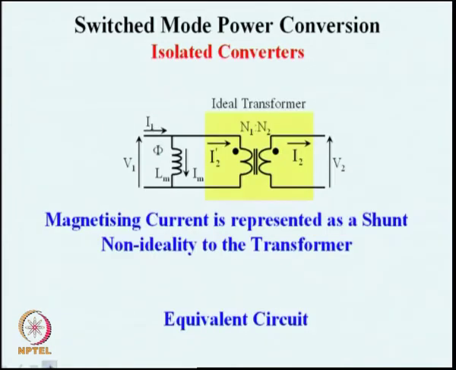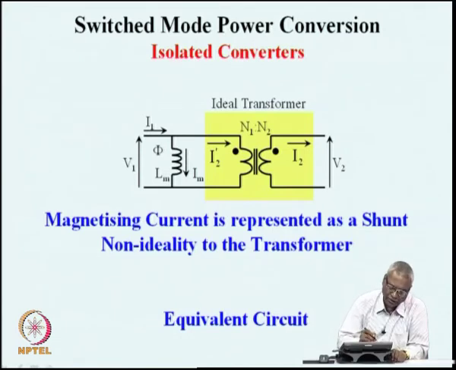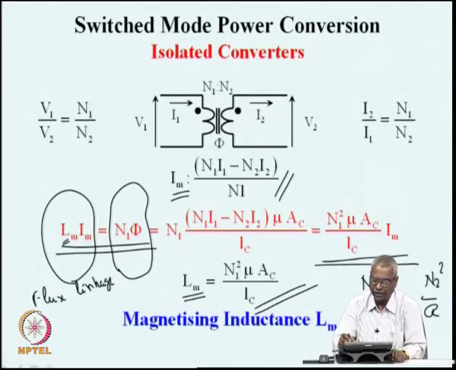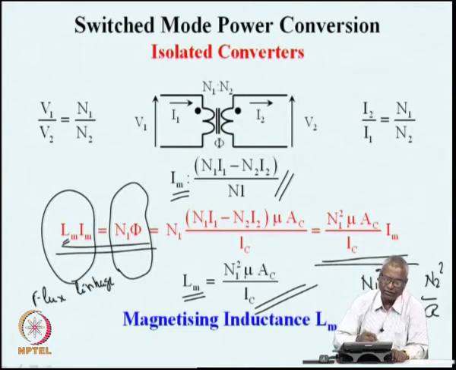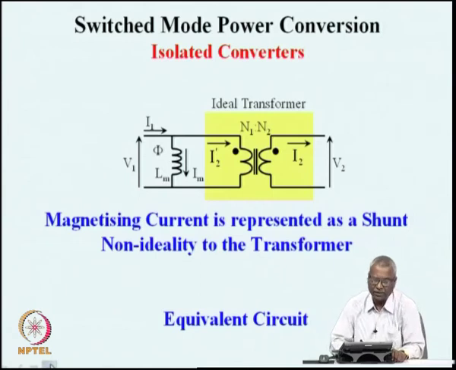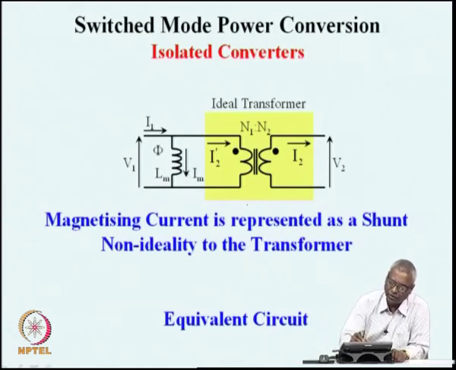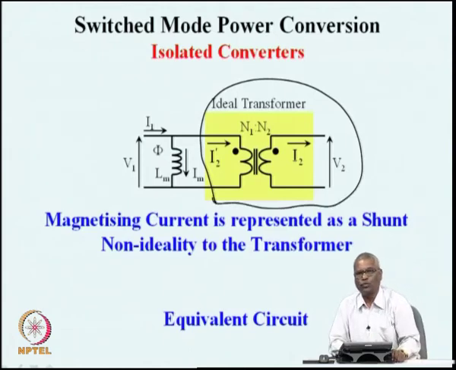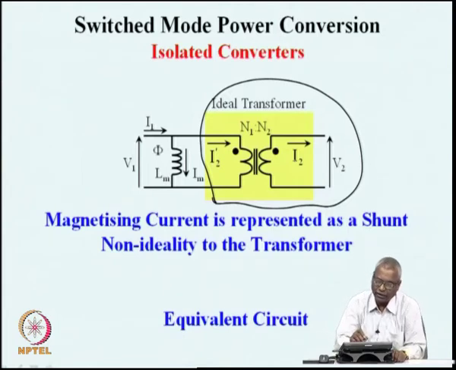So, what we can do is that the entire magnetization process, what we had seen in the previous slide as Lm Im being the flux linkage, can be separated as a separate part of the equivalent circuit. What we have here is the ideal transformer, where I2 dash and I2 are the ideal primary current and secondary current.